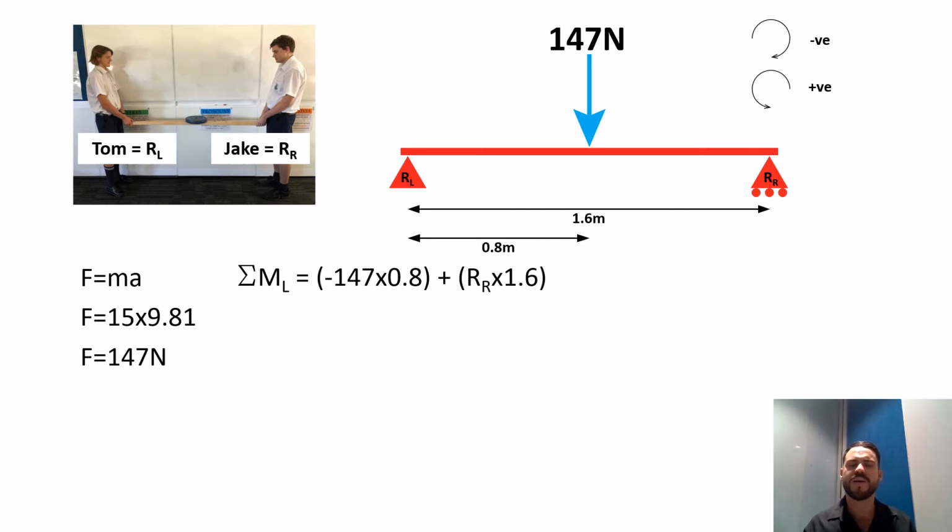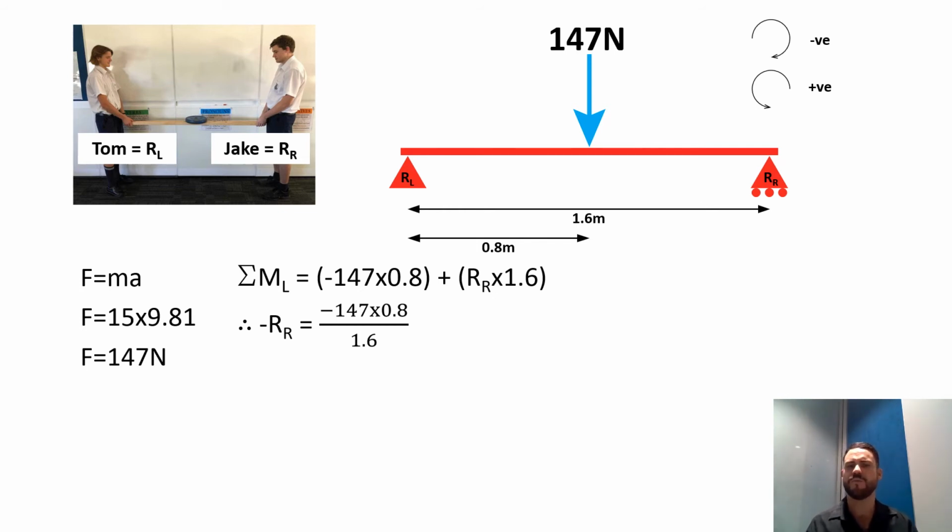Now, the trouble is we can't punch that into our calculator just like that. We can't type in reaction right. So what we need to do is move the reaction right to the other side of the equation, and when we do that, it becomes a negative value. So negative reaction right equals negative 147 times 0.8.